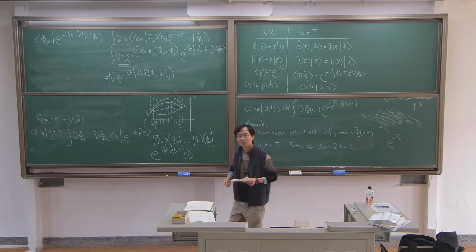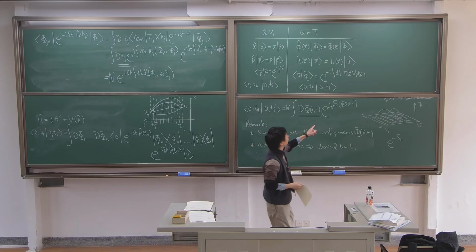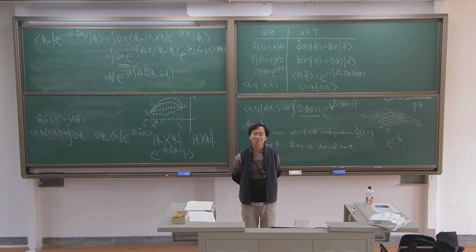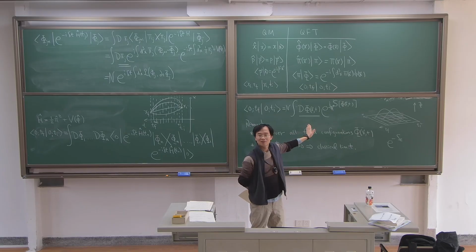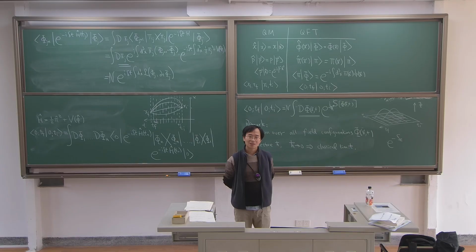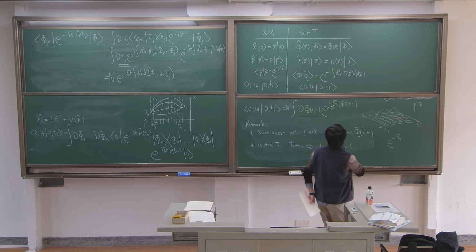Why? Because when h bar goes to zero, we can use the saddle point approximation, since this is the integral. If h bar goes to zero, we can use the saddle point approximation.